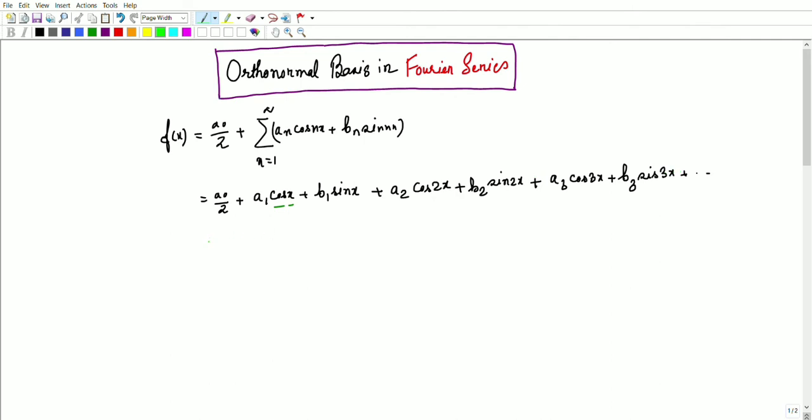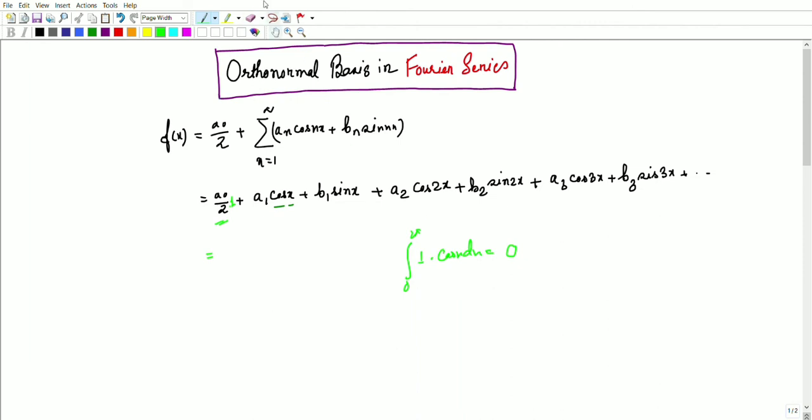One thing I forgot to mention here: we can also say that the integration from 0 to twice pi of 1 times cos x dx equals 0. It means 1 and cos x, or also 1 and sin x, are mutually orthogonal to each other. Okay, so since these components are also there, 1 itself is an orthogonal basis function here.